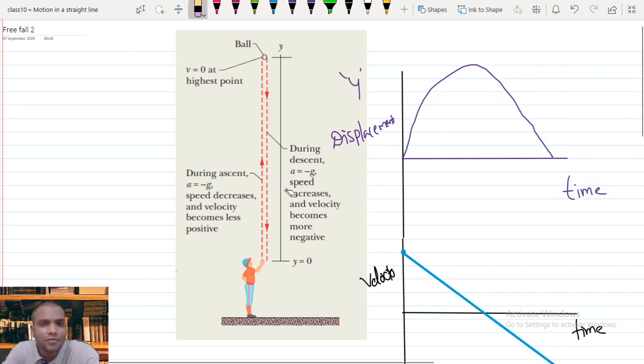Because there is a force acting on the object. That is the acceleration due to gravity. The acceleration due to gravity acts in the opposite direction. That is the reason the speed of the object decreases when the object is moving upward.